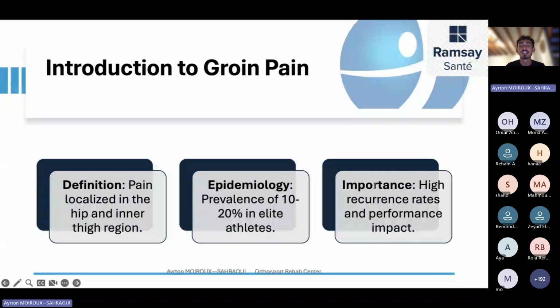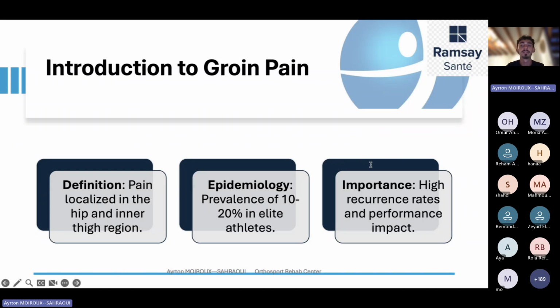One of the most challenging aspects of groin pain is its high recurrence rate, 10 to 20%. Many athletes initially dismiss mild discomfort as a temporary setback, only to return to training and competition too early.